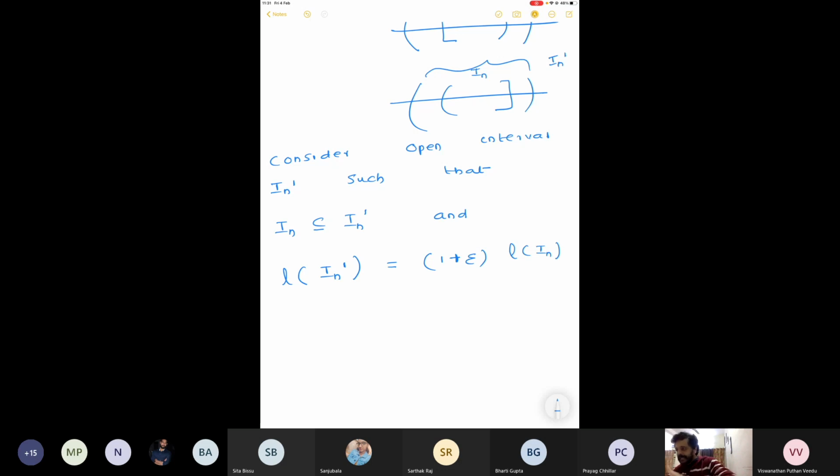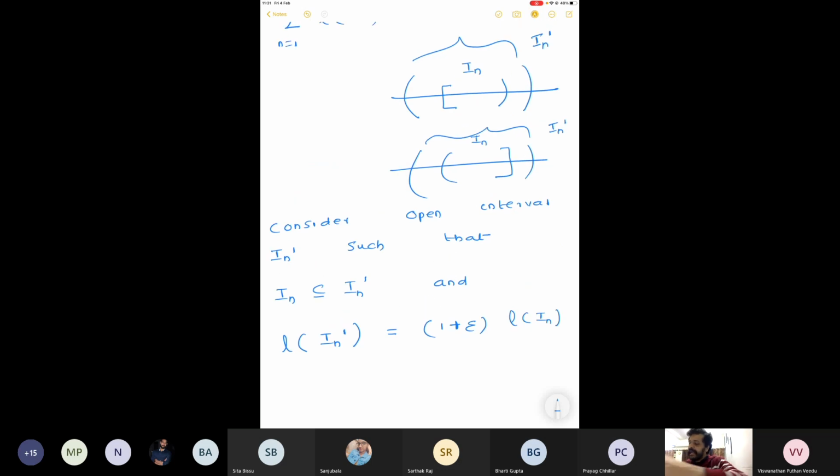Before that, tell me whether this is possible or not. Given an I_n, can I find an open interval I_n' such that the length of I_n' is equal to the length of I_n plus epsilon times the length of I_n, that is, the length of I_n plus something small? Is it possible? Yes, sir.